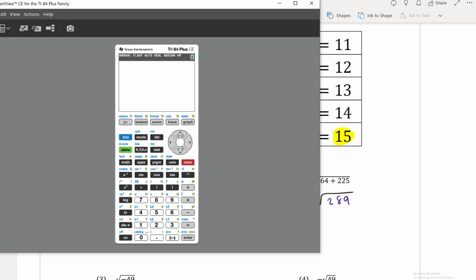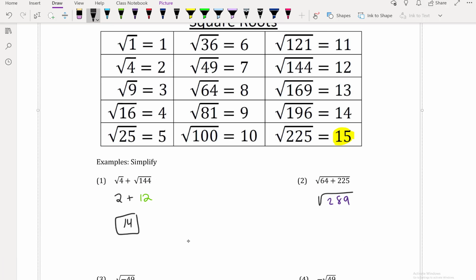I press second square root, and enter 289. Make sure you enter in the right number. I press enter and I get my answer as 17. So now I know that all of this is going to equal 17.